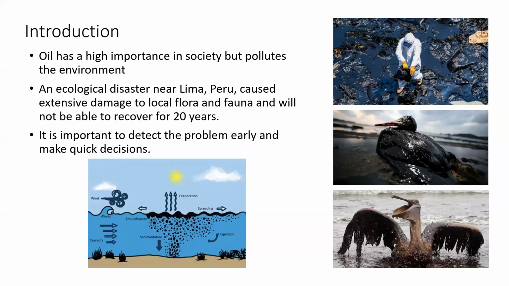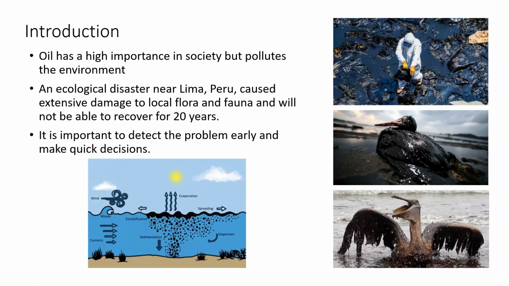Oil has a high importance in society, but when an accident occurs, rapid detection and rapid decision making prevent several ecosystem damages. In Peru, slow detection causes irreparable ecological damage.